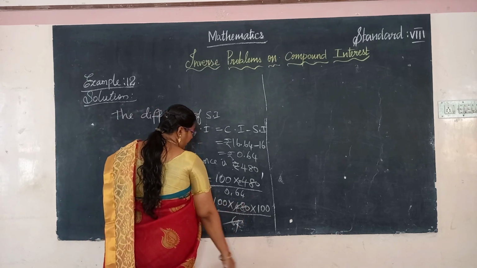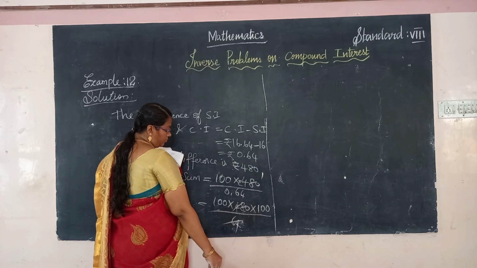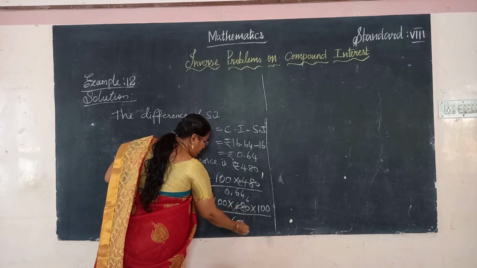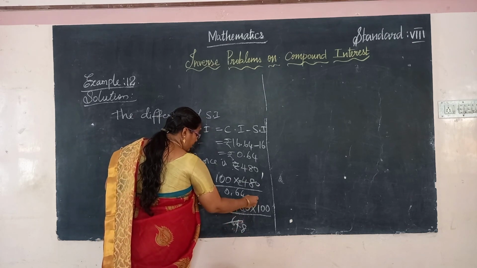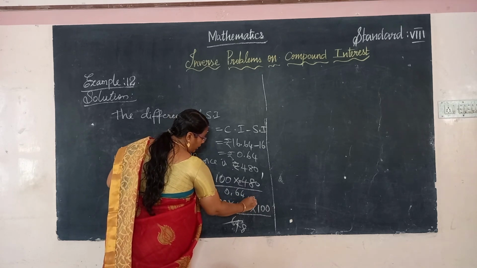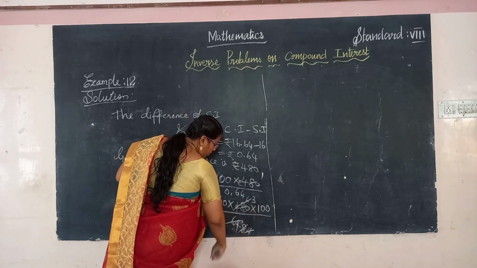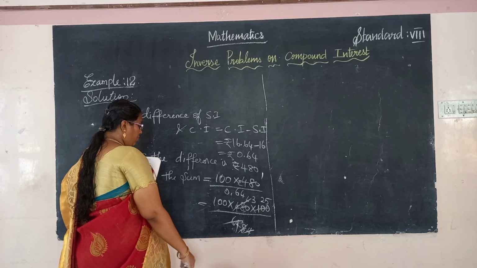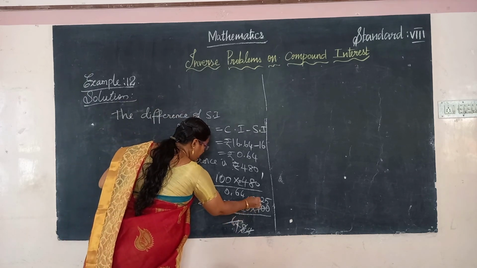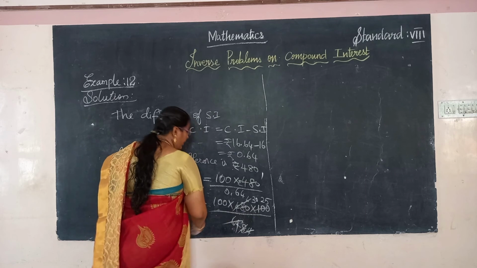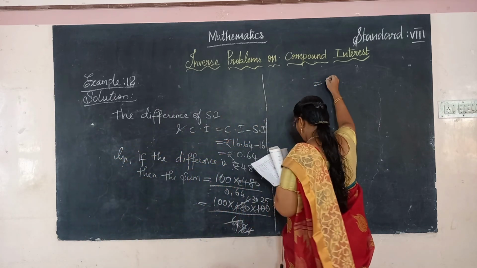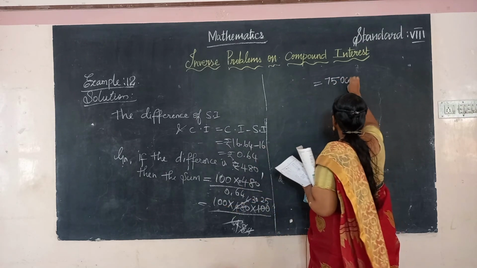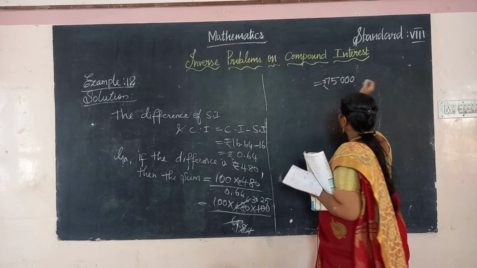Now cancel using the 8 table. 8 sixes are 48, 8 eights are 64. Again the 2 table. Then multiply, what we get is 75, and how many zeros are there? 3 zeros. So rupees 75,000.